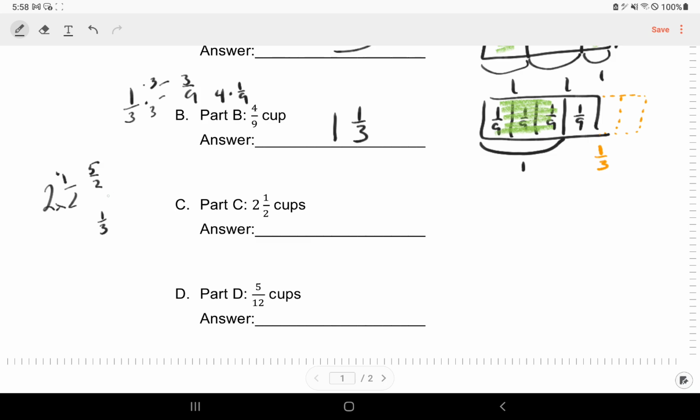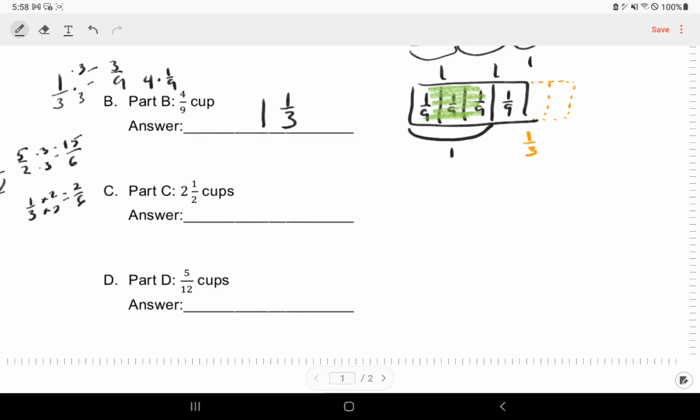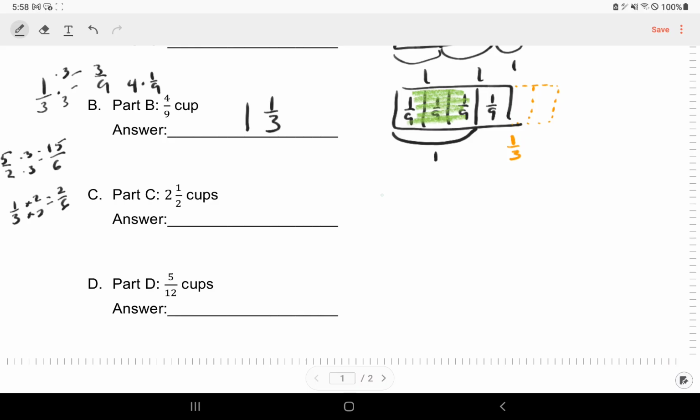Well, to get those compatible, we have to change them to sixths. So times 3 times 3, that's 15 sixths, times 2 times 2, that's 2 sixths. So that means I need 15 1/6. So I need 15 boxes.